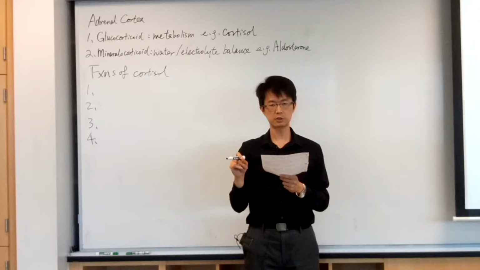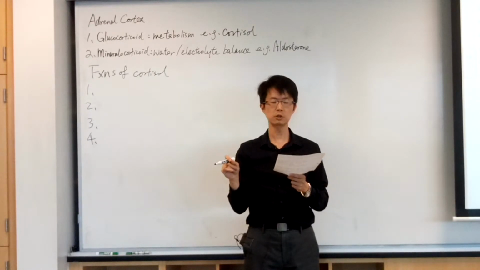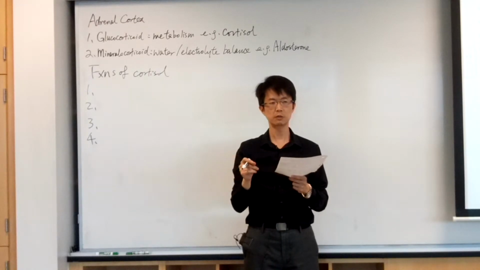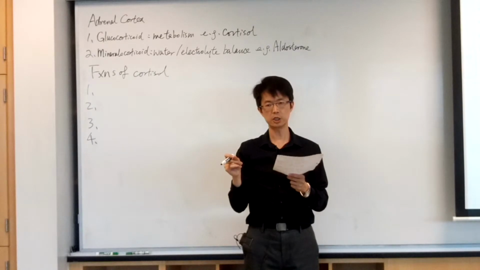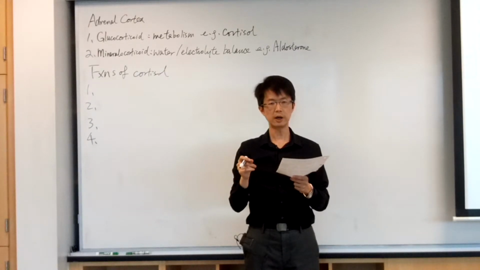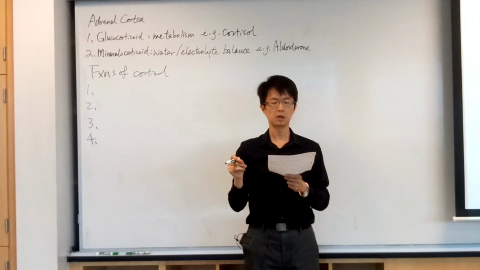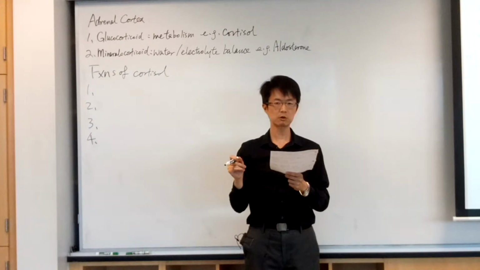When we fight the stress, we need a lot of sugar. Why? Because sugar, as you know, will go through cellular respiration to make more ATP energy. We need more energy to deal with stress. Well, that is a very reasonable and logical conclusion. So how do we get more glucose?